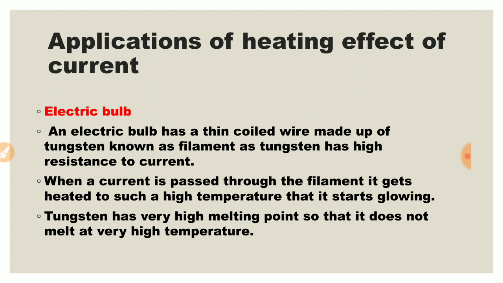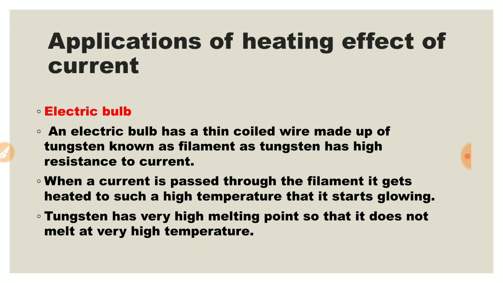Tungsten is a metal, and that thin coiled wire is known as filament. Why we use tungsten? Because it has high resistance to current. So whenever a current is passed through this filament, it gets heated to such a high temperature that it starts glowing.